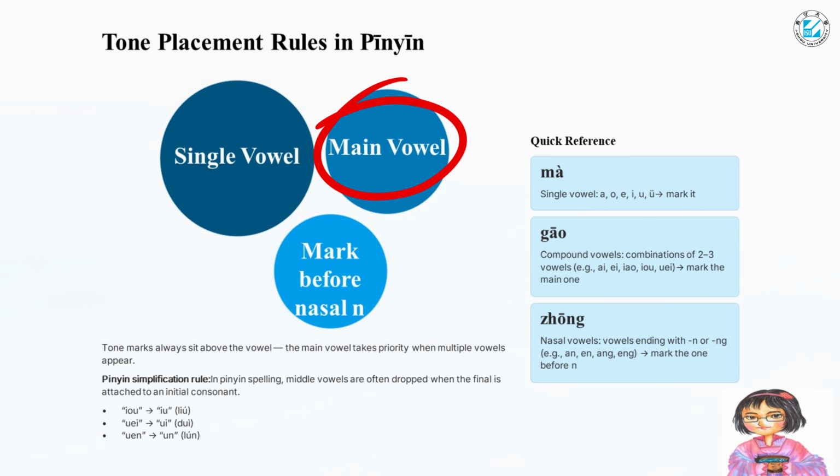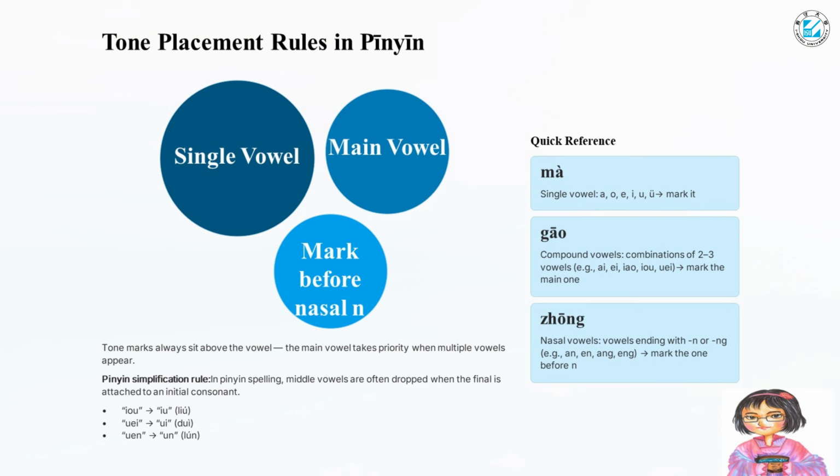And also sometimes they will have a long one, 3 vowels. Again, very likely when you write the spelling, the middle vowel will be skipped. So you will mark on the main vowel the tone symbol.